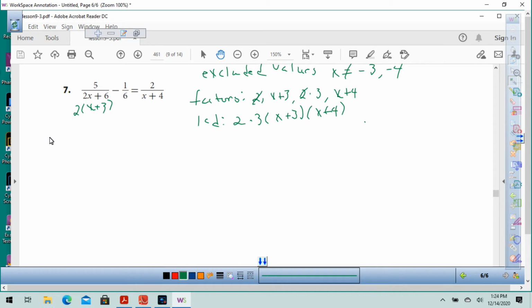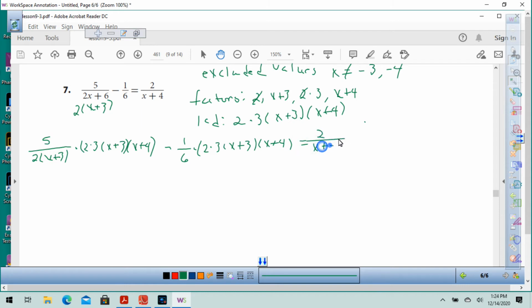So we have 5 over 2 times x plus 3, times 2 times 3 times x plus 3 times x plus 4, minus 1 over 6, times 2 times 3 times x plus 3 times x plus 4, and that's going to equal 2 over x plus 4 times 2 times 3 times x plus 3 times x plus 4.